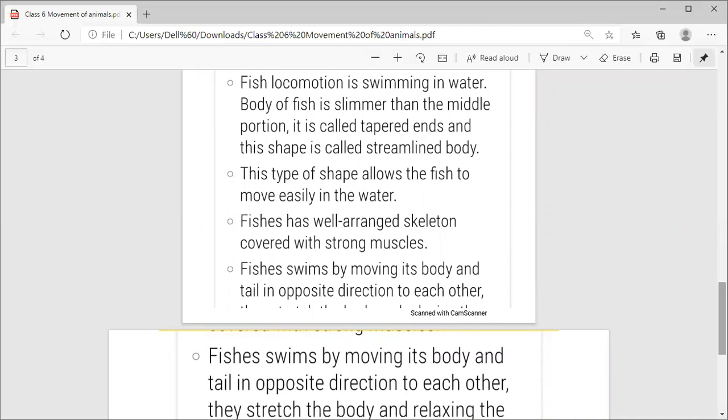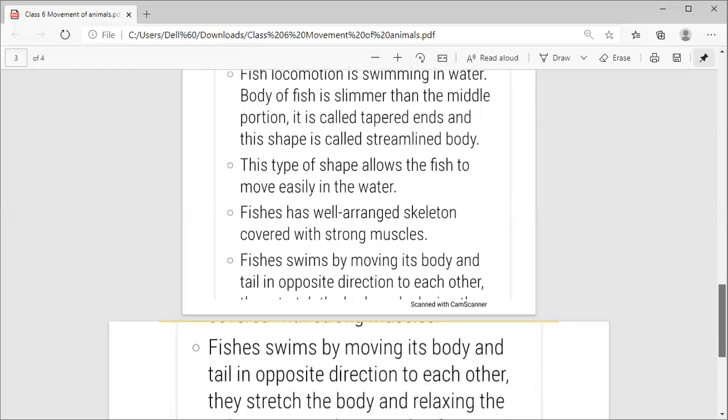This type of shape allows the fish to move easily in the water. One more adaptation of fish is that it has a well arranged skeleton covered with strong muscles. And fishes swim by moving their body and tail in the opposite direction to each other.